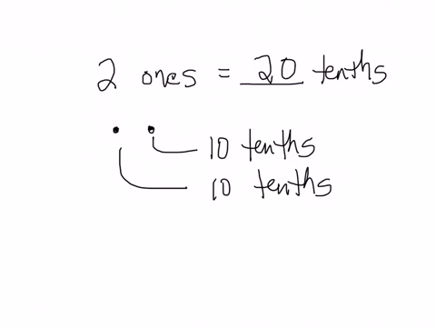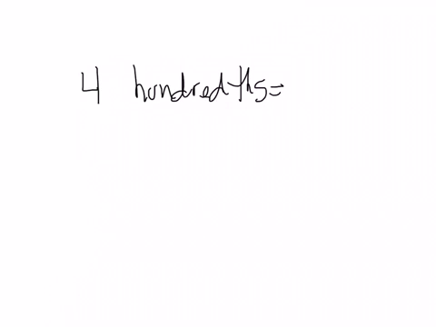All right, next one. So I have 4 hundredths, and I'm going to turn those into thousandths. Essentially, I'm going to take each one of the hundredths and break it into 10 pieces to make thousandths.